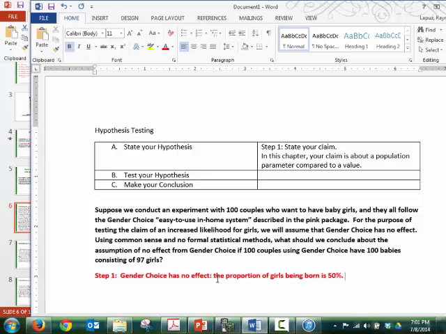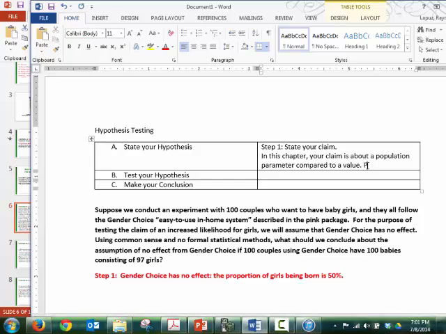We can also think of this as having an effect. That could be a different claim. We'll think about that a little bit later on. But for now, this is a good start. So in this chapter, your claim is going to be about a population proportion compared to a value.